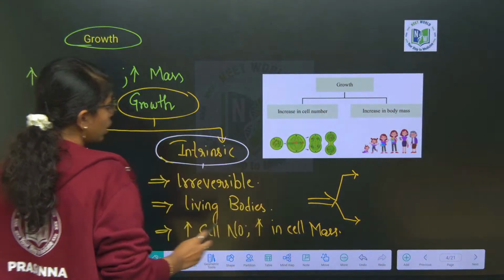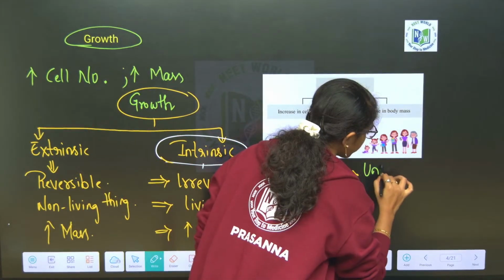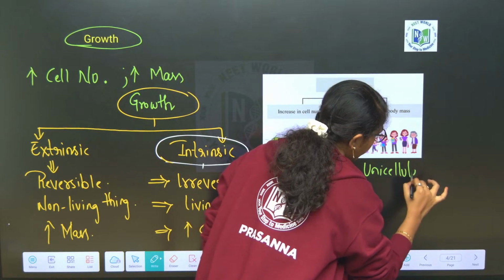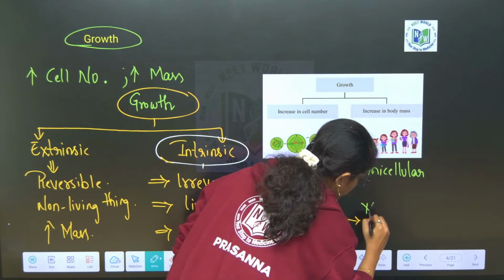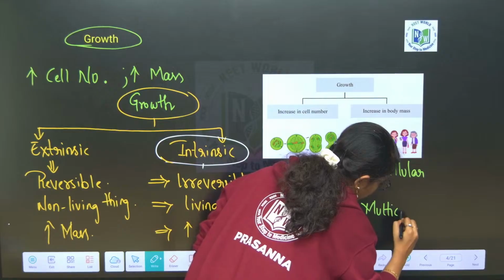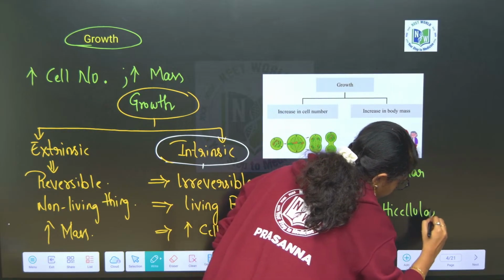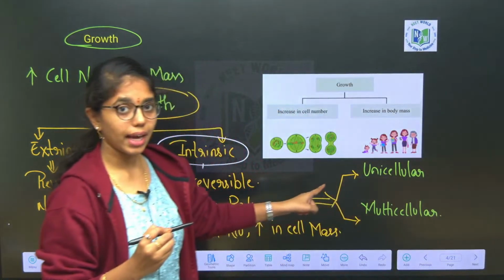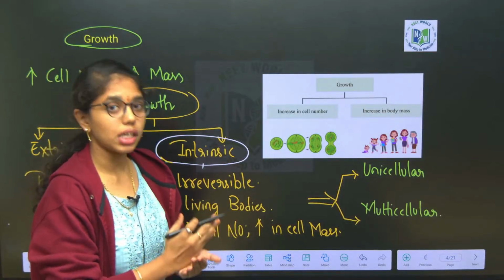It is based on unicellular and multicellular organisms. In unicellular organisms, increase in cell number is considered as growth.